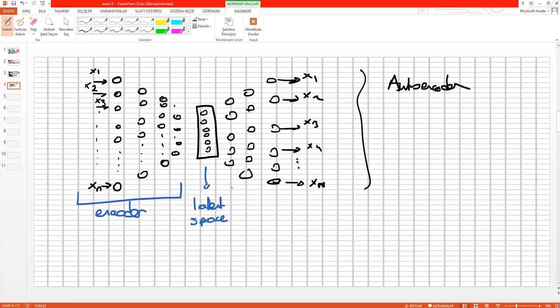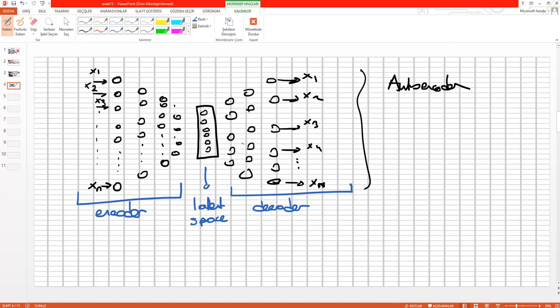After that, we should decode this information. The decoder is called at this stage, because we just use the 3 neurons or 3 outputs or 4 outputs at the latent space, and we should generate by using just these 3 outputs. If the decoder is used in here, these 3 outputs are transformed into the 1000 outputs, because they hold the main characteristics of x2, x1, and x3.